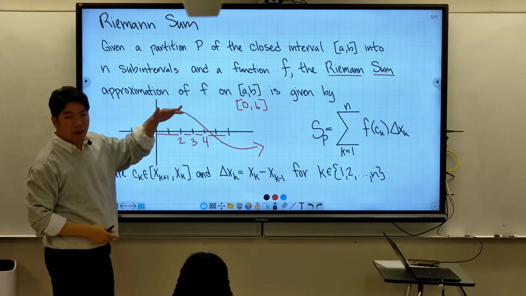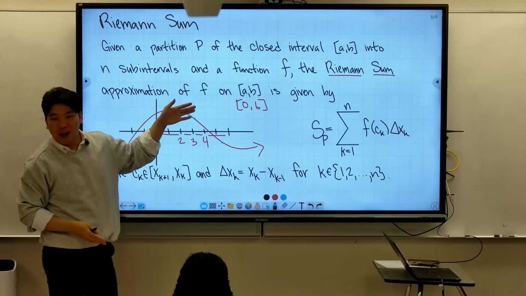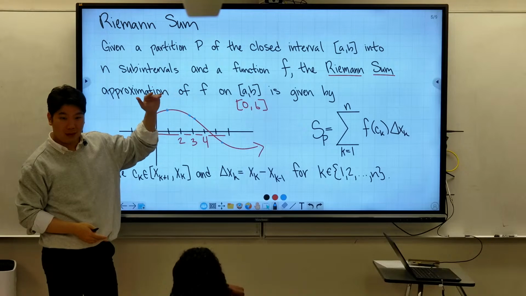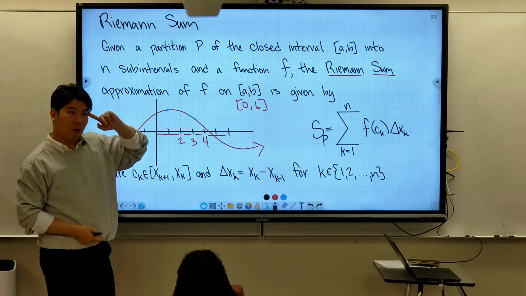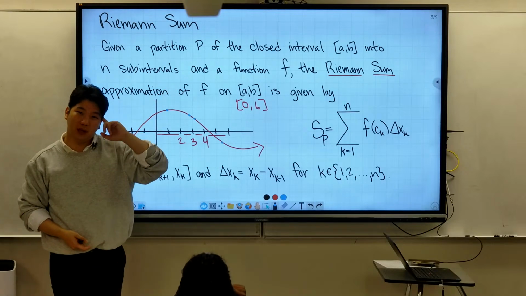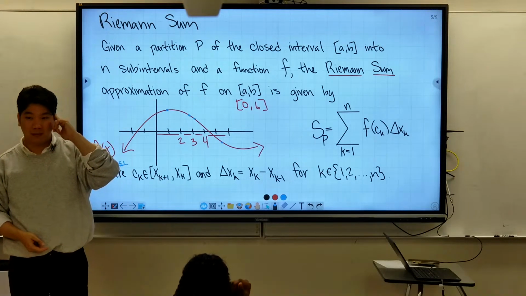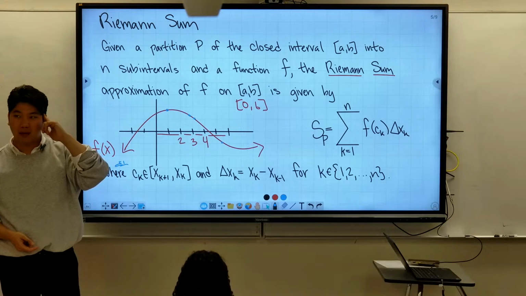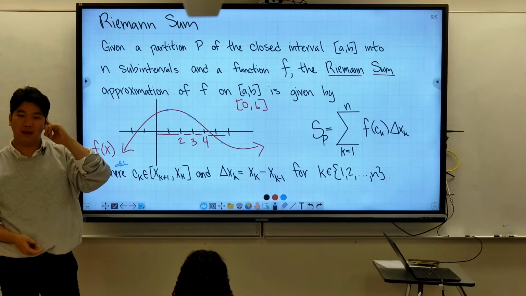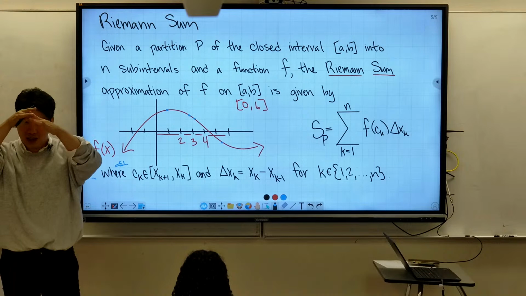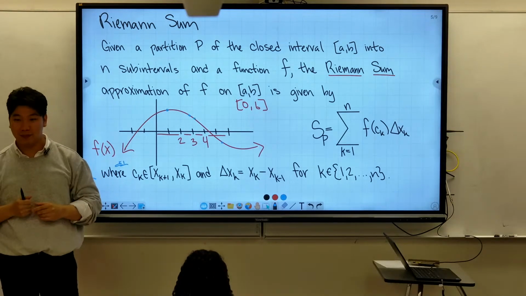The f of x is my y value, or we think of y values like heights. So what happens whenever you multiply a height times a width? What's a height times width? Area, right? It's like geometry, we have like a rectangle.